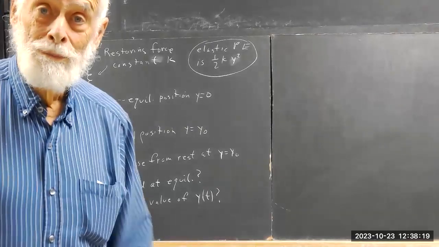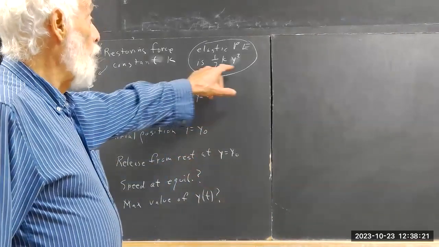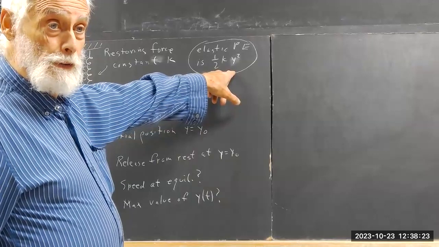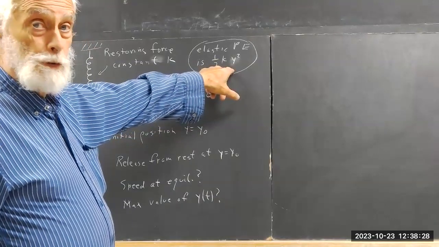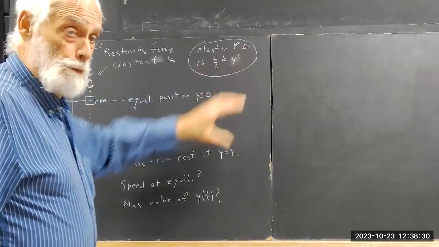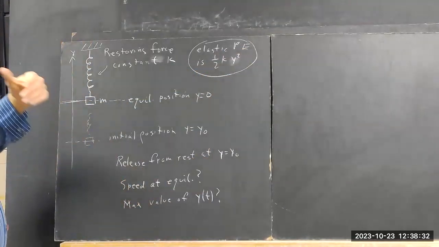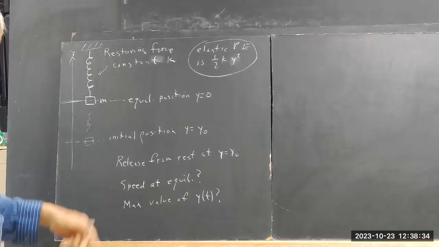If you can tell me why elastic potential energy is 1/2 ky squared, please do that too. Otherwise, you can just use it. And I really want to focus on how energy considerations allow you to answer these two things.